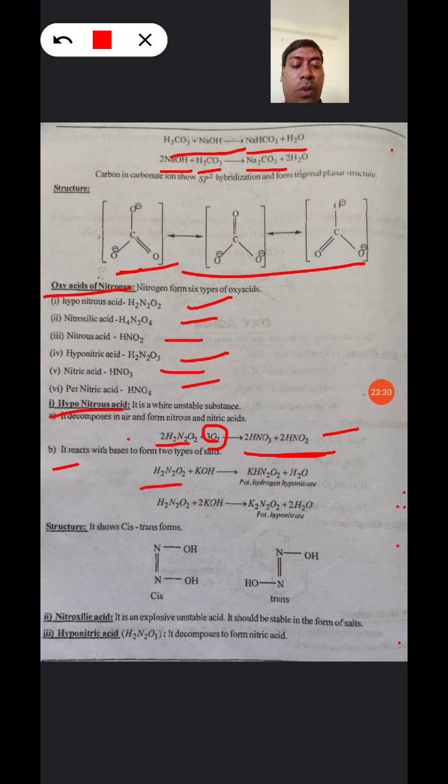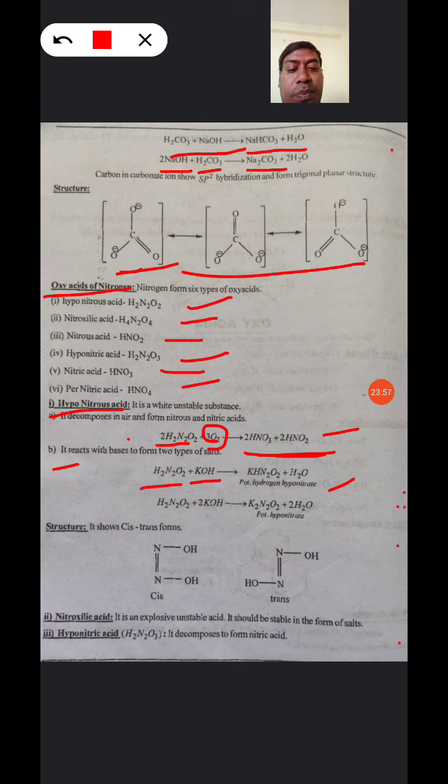H2N2O2, hyponitrous acid, reacts with 1 mole of potassium hydroxide and forms KHN2O2, potassium hydrogen hyponitrate salt. The byproduct is water.